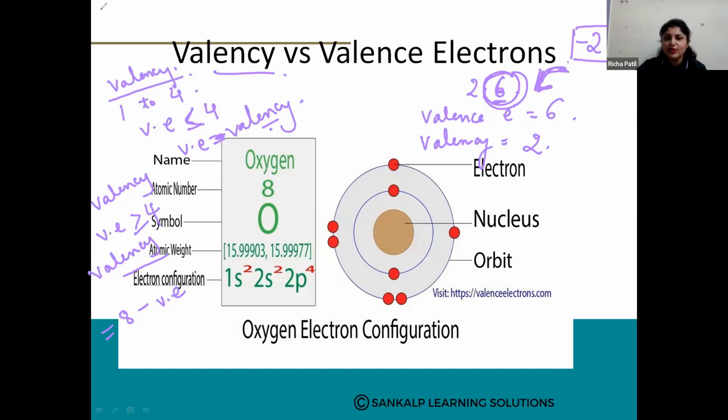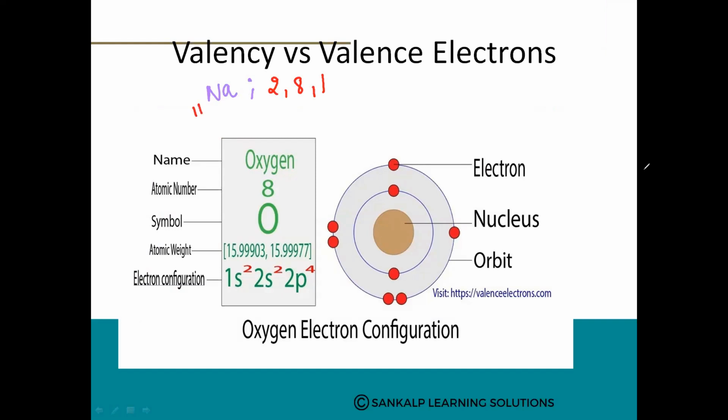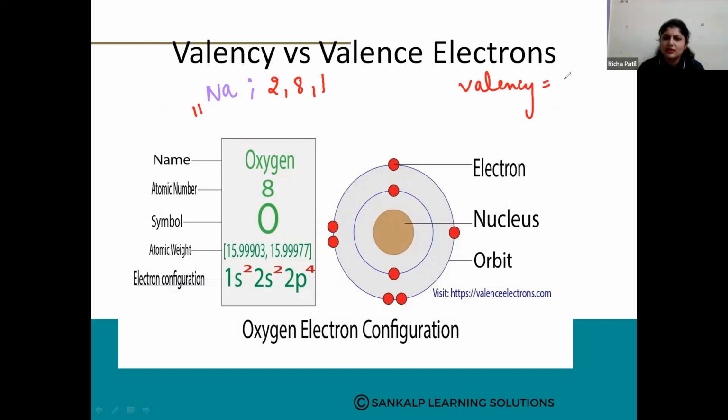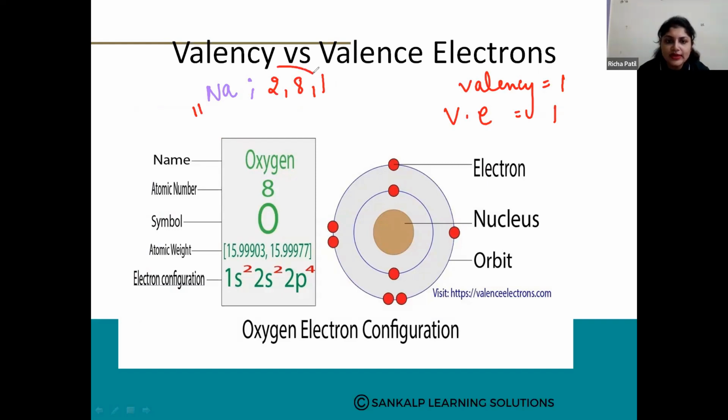In the same way, let us take sodium. Its configuration is 2, 8 and 1, and the atomic number is 11. The valency is 1, and the valence electrons are 1. To become stable, it will give away this 1 electron.